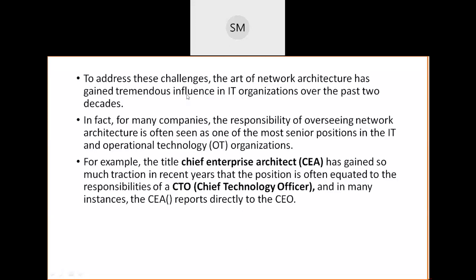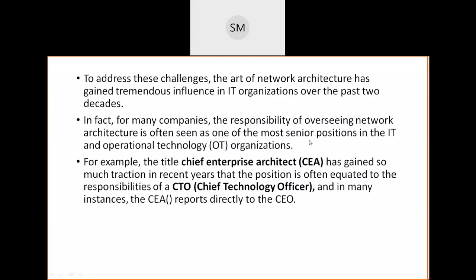They have gained tremendous demand and influence in IT organizations and companies for the past 2 decades, that is, the last 20 years. These network engineers have a lot of demand. In fact, in many companies, the responsibility of overseeing and maintaining the network architecture is seen as one of the most senior positions. Because of that only, I started this topic from this introduction, so this is the importance of network engineers.